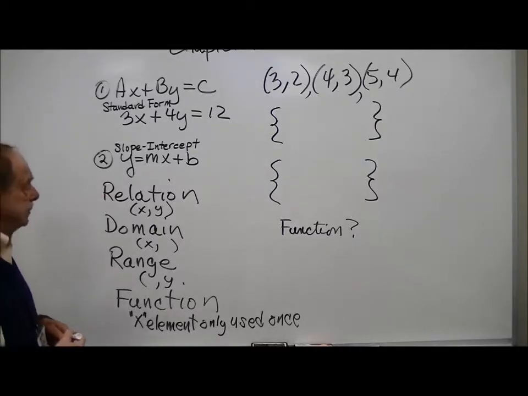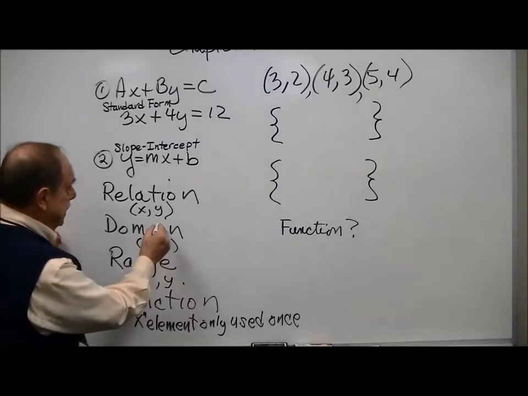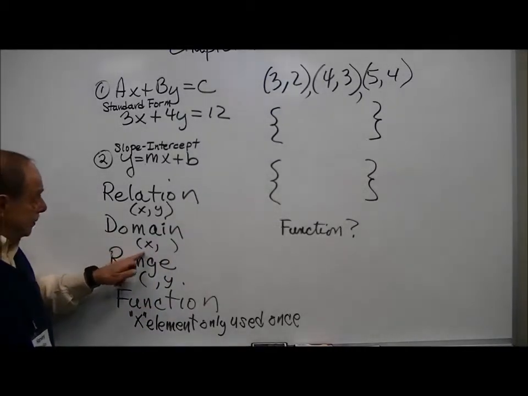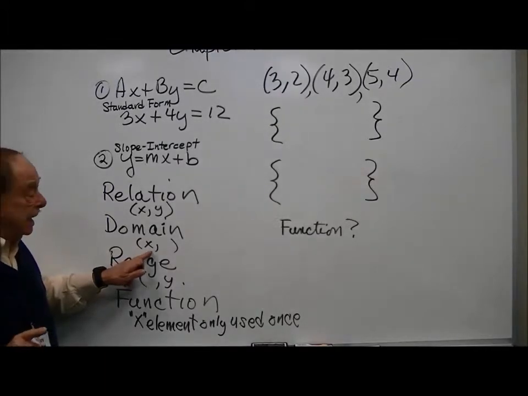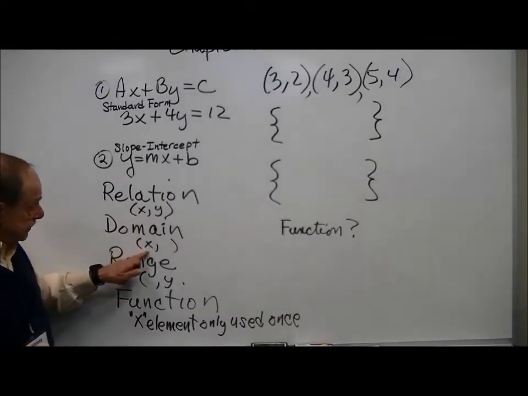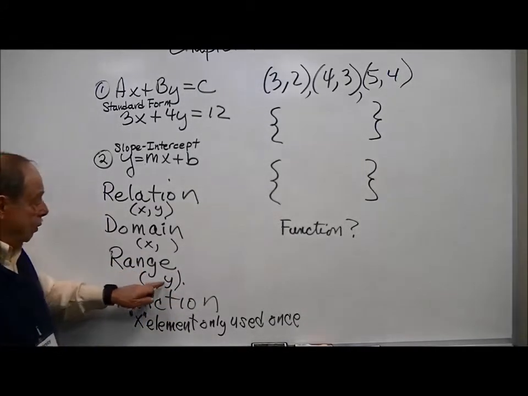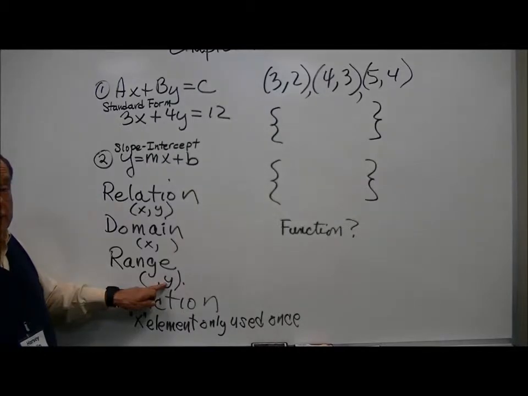Now, when we go to define the domain, it is made up of only the X elements in a relation. The range is made up of the Y elements in a relation.